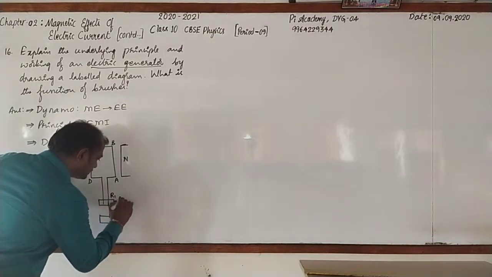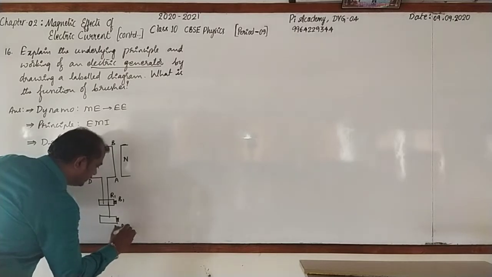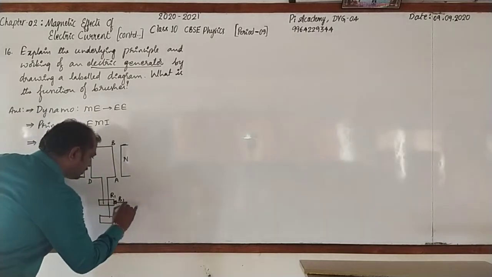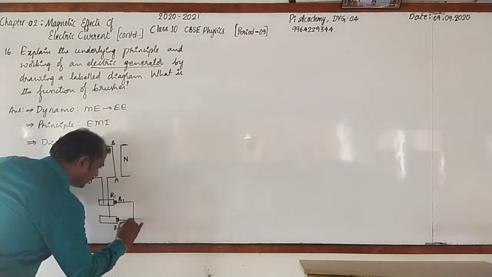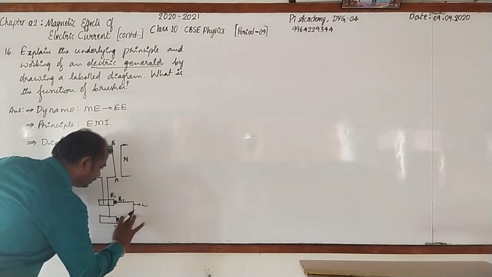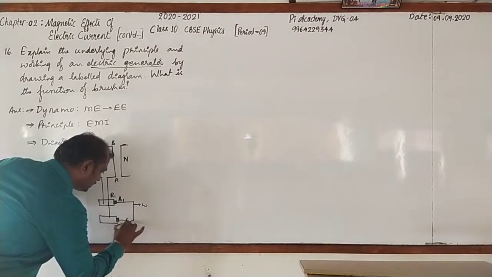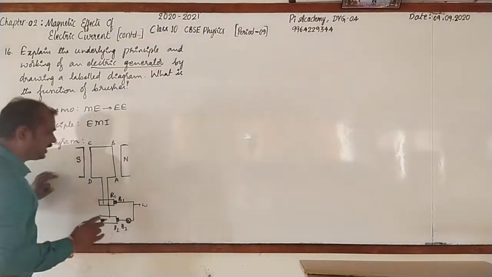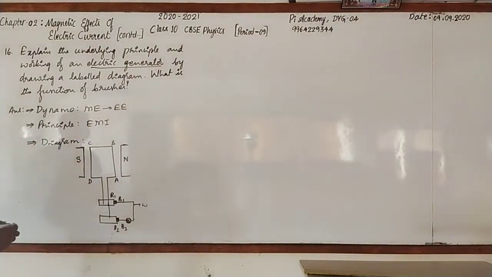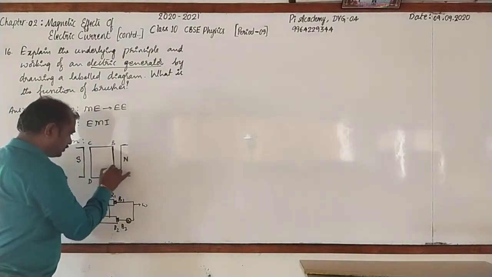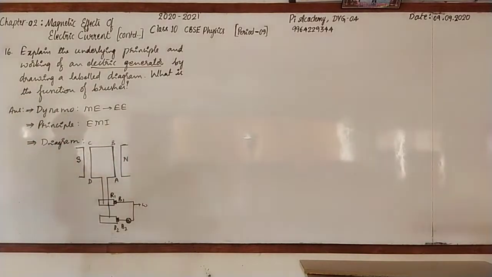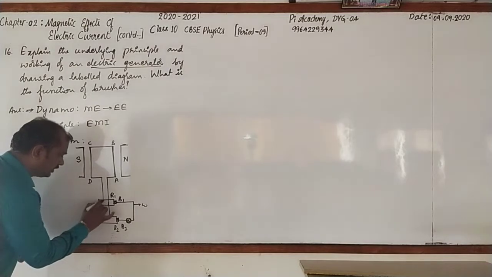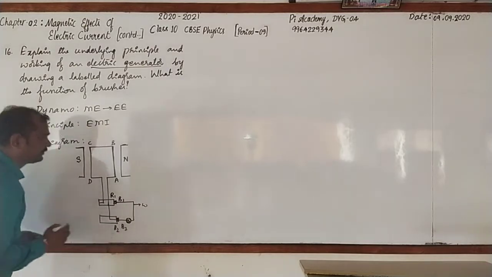You may call them B1 and B2. Connect the carbon brushes with the help of conducting wire to the terminals of a load. You may take the galvanometer as the load, because to check the induced current, we can use this device.